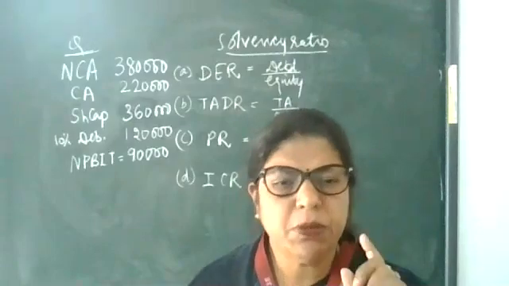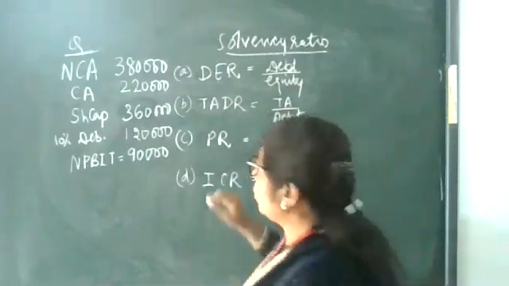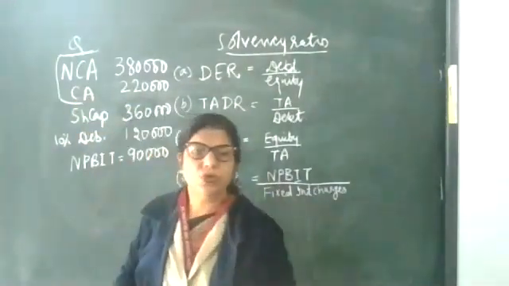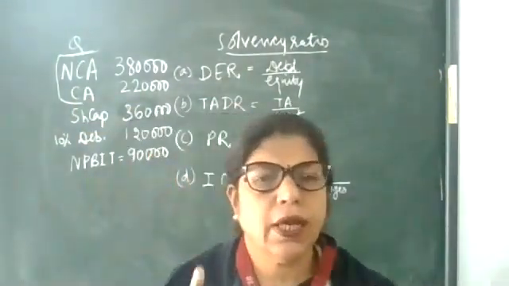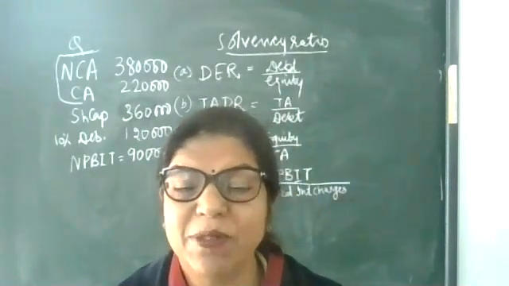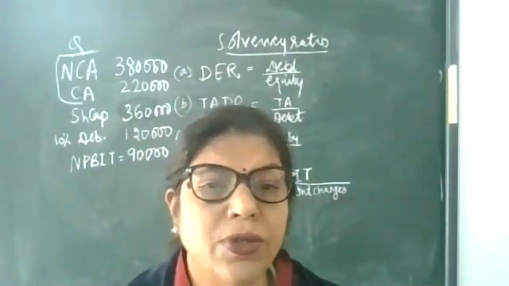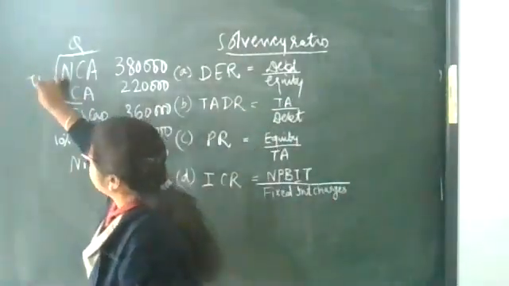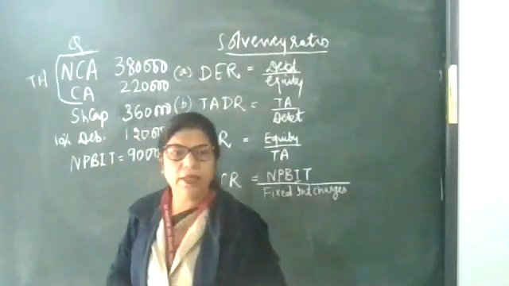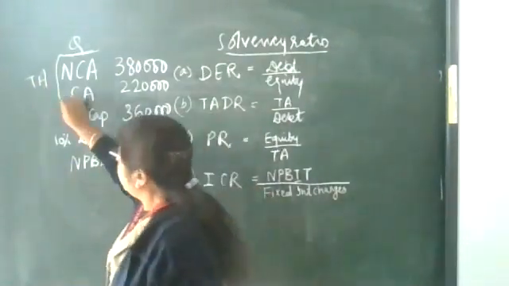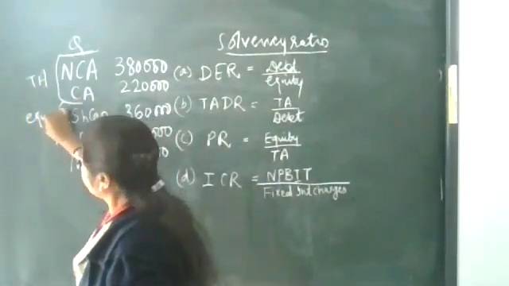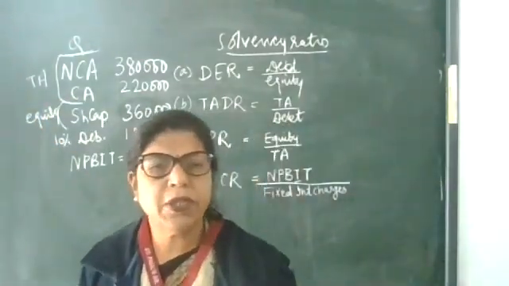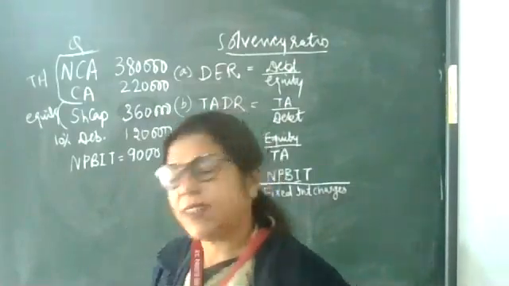So share capital means equity. These two combined are known as total asset. Clear? Share capital is known as equity. 10% debentures known as debt.